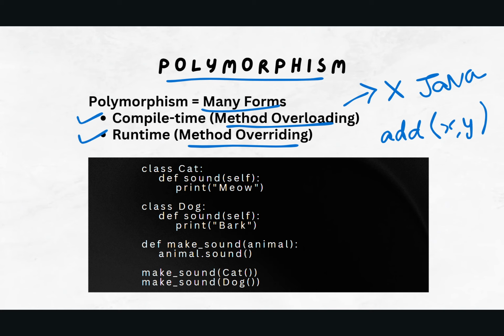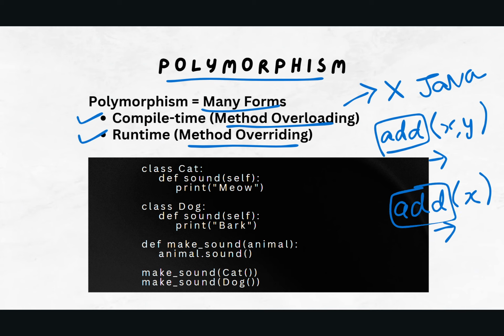Okay, and then we provide a definition and then we create another function with the same name, but this time we only take in one parameter and write its definition. So we have the same name of function but two different functions. Okay, so that is what is compile time polymorphism or method overloading.